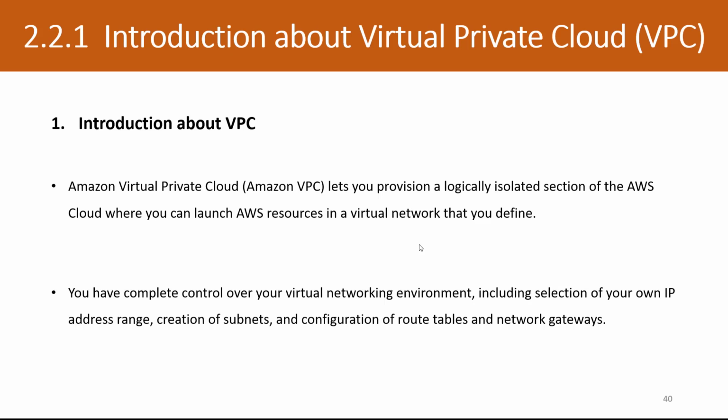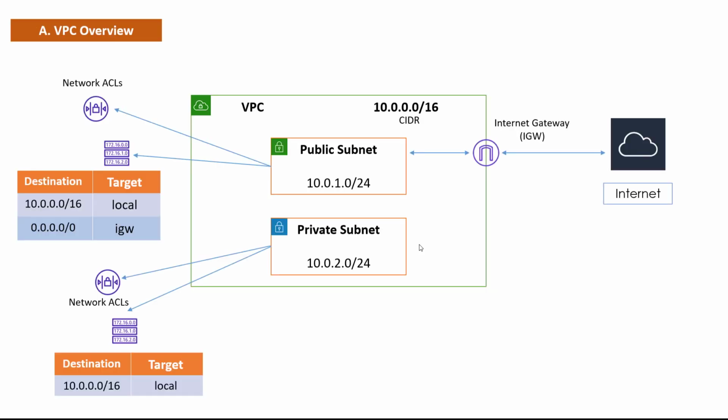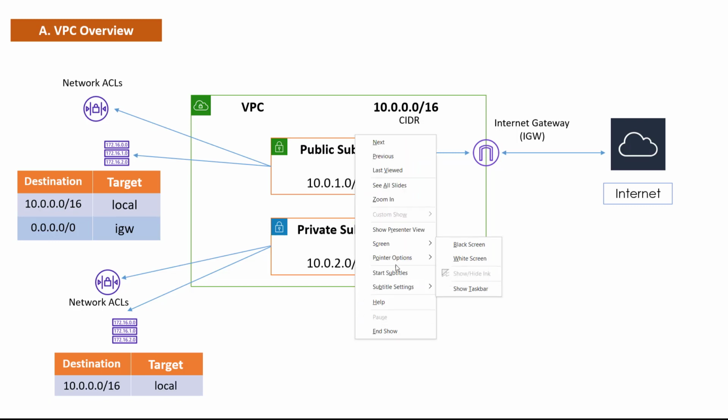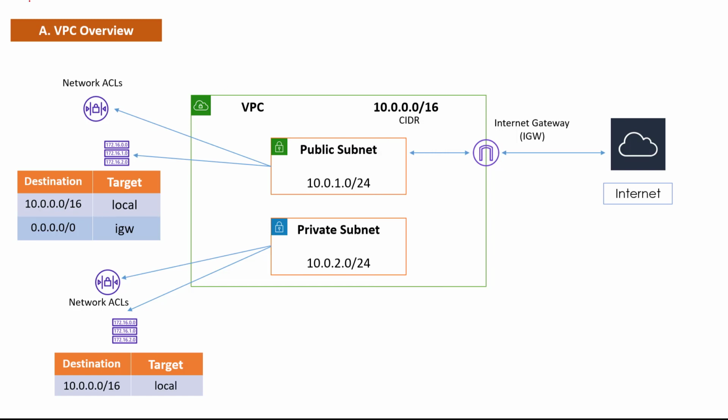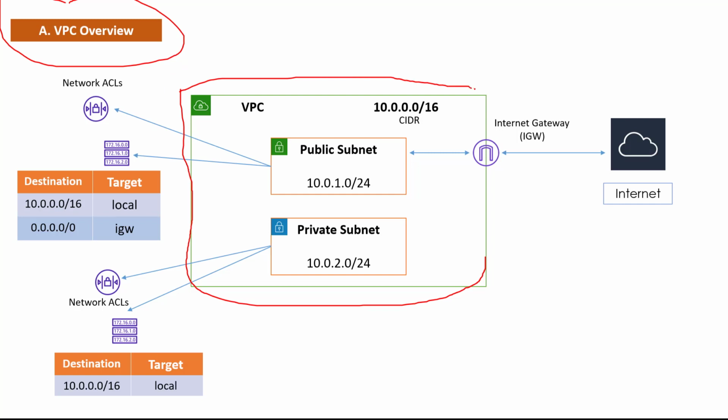So let's discuss what other sections we have. This is the overview of AWS VPC. This is the VPC. We created a logically isolated environment within AWS. Whatever resources are in this VPC, nobody else can use.